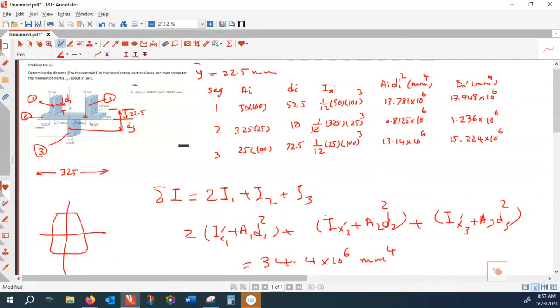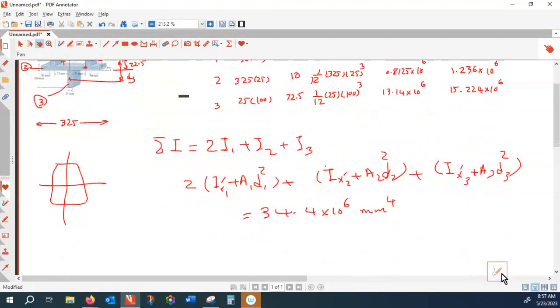You get it from the table. For a rectangle I prime, if I understand your question correctly, this is B, this is H, right? From the table, with respect to the center, that is 1 over 12 B H cubed. Is that your question? Yeah, okay.